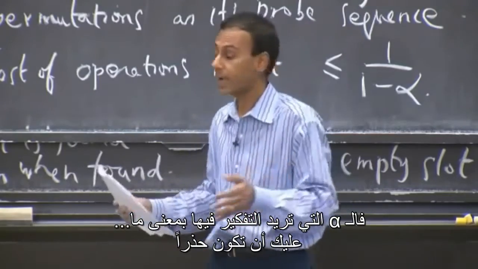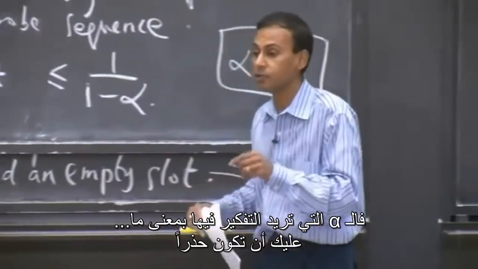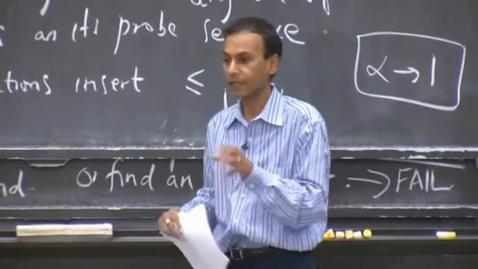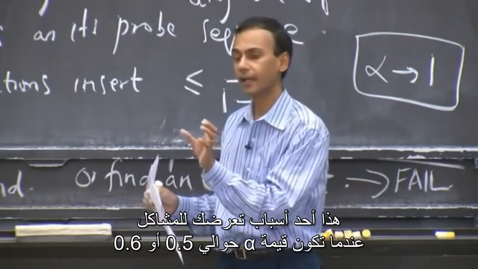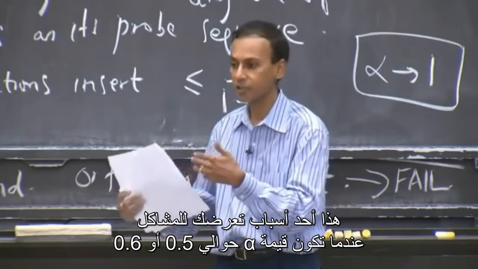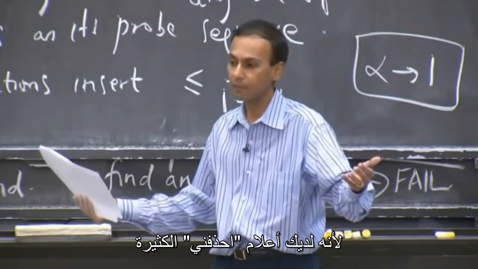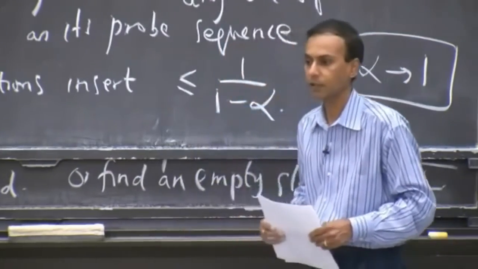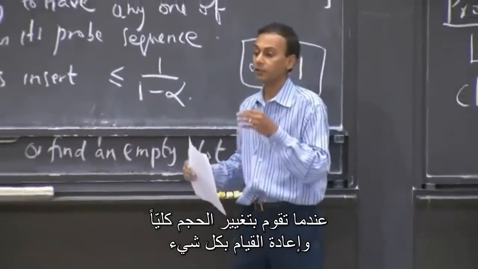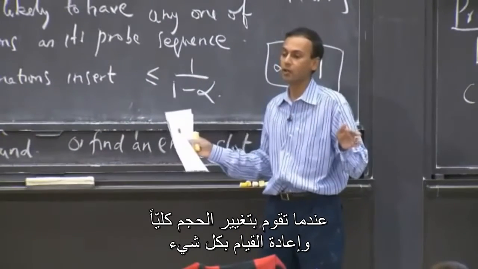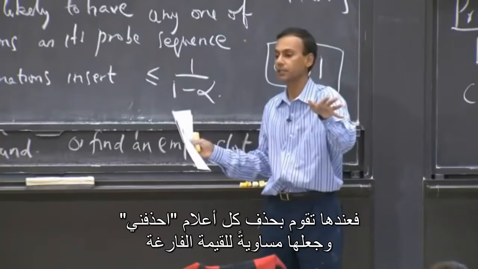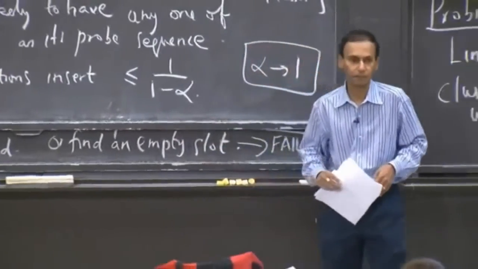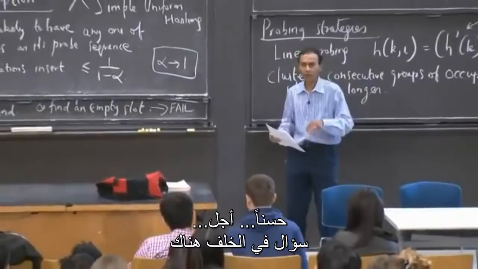Okay, so in some sense, you should be careful as to how you define alpha, and that's one of the reasons why when alpha gets to 0.5, 0.6, you get into trouble, because if you have all these delete me flags, they're still hurting you. Okay. And when you resize, do those delete me flags get deleted? When you completely resize and you redo the whole thing, then you can clean up the delete me's and turn them into nones because you're rehashing it. Okay, all right. So yeah, back there, question.